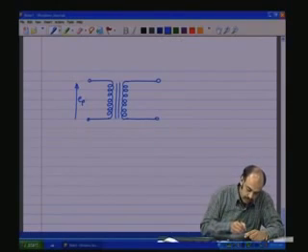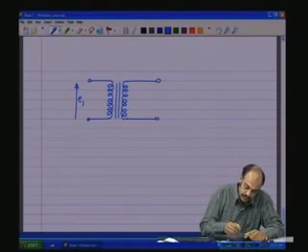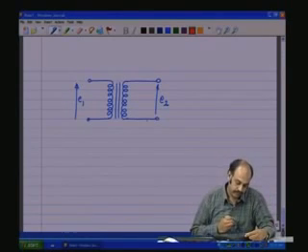We will keep it as E1, consistent with the other. There is a primary voltage E1 and there is a secondary voltage E2. As of now, there is no load connected here.